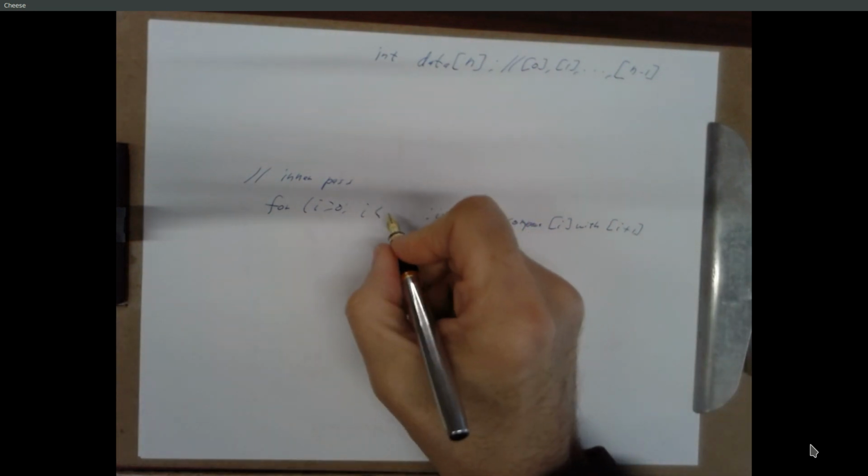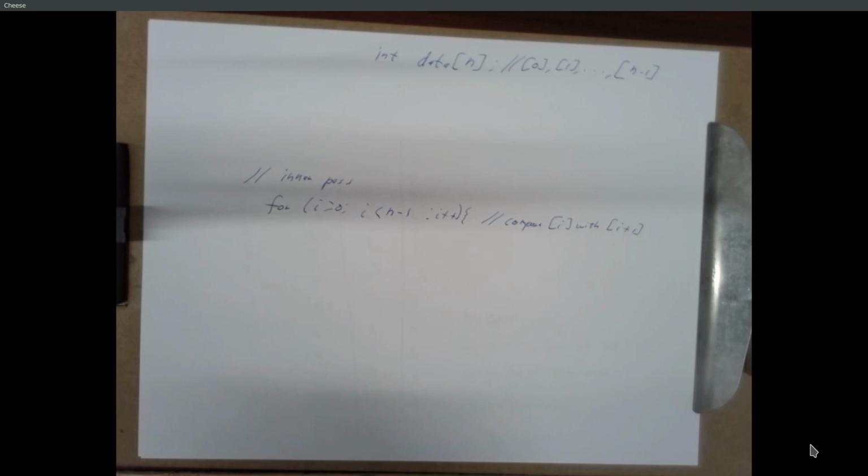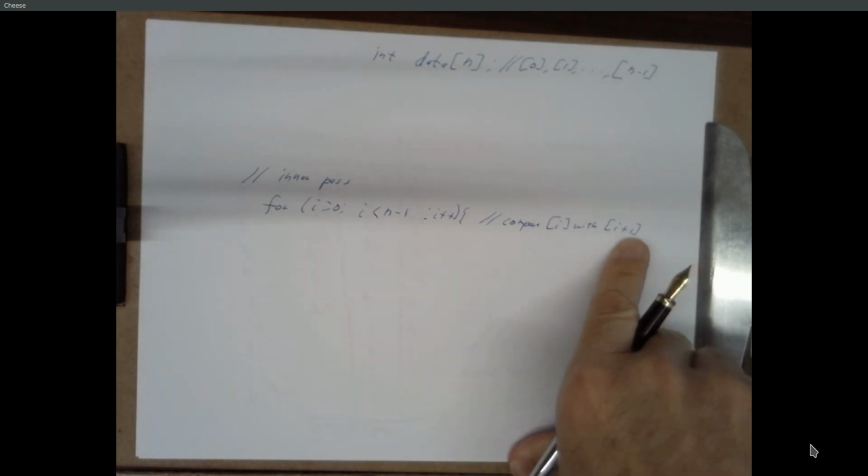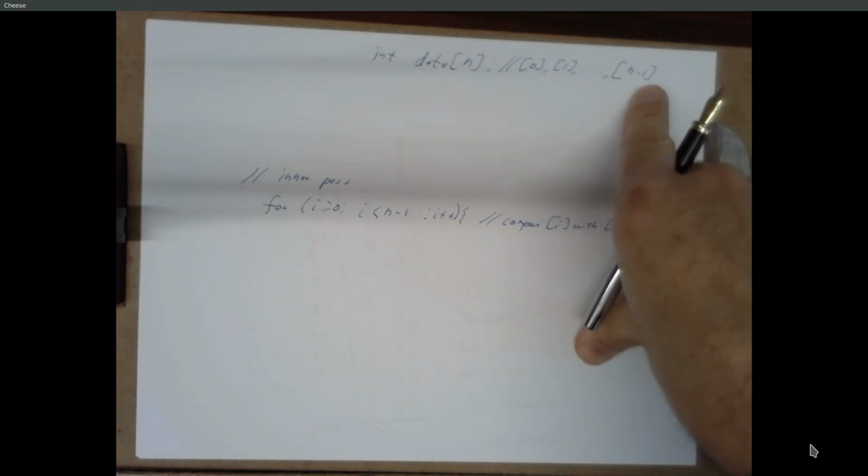So this is actually while i is less than n minus 1, i++. Because if i is equal to n minus 1, then i plus 1 will be n, and we'll start comparing something with data[n], and that doesn't exist. So we might segfault, we might compare with something meaningless.